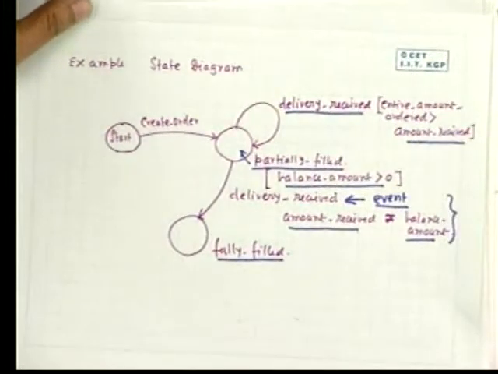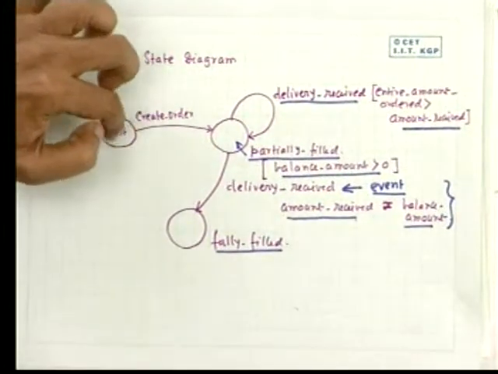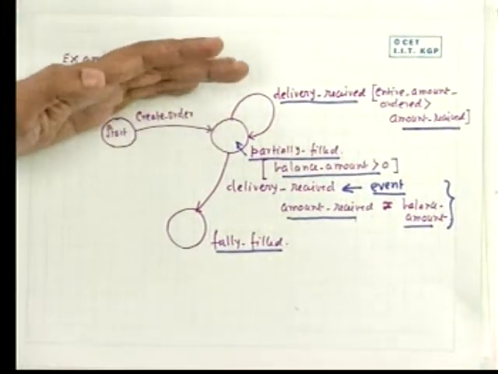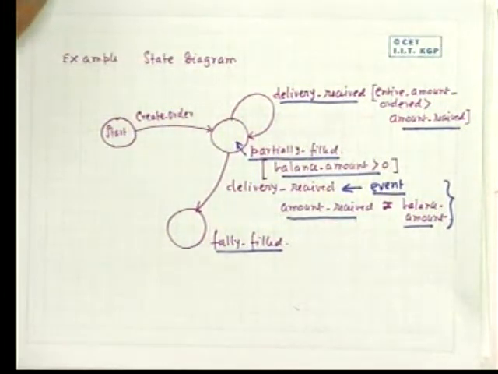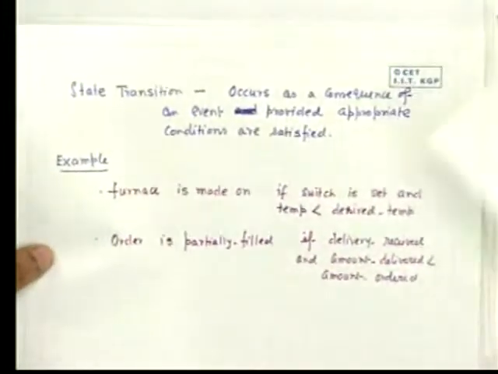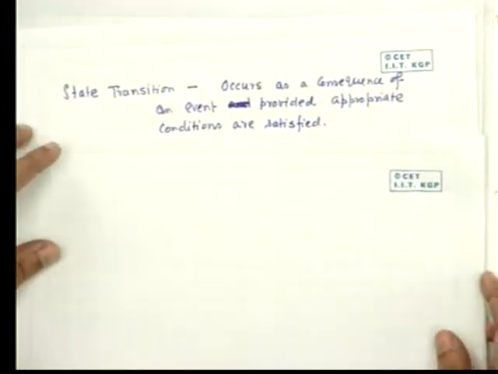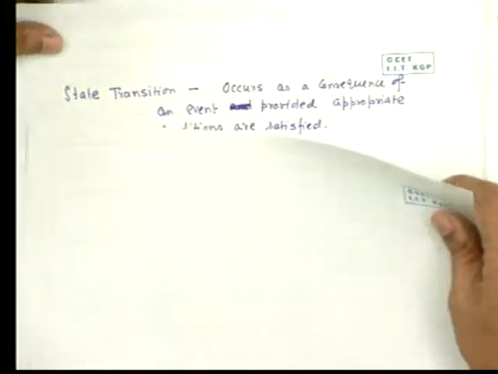So what does a state diagram say? It defines a state transition from one state to the other as a consequence of some events and when certain conditions are met. State transition occurs as a consequence of an event provided appropriate conditions are satisfied.